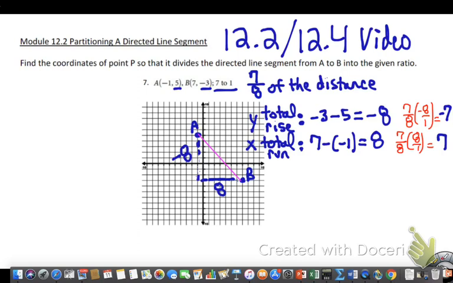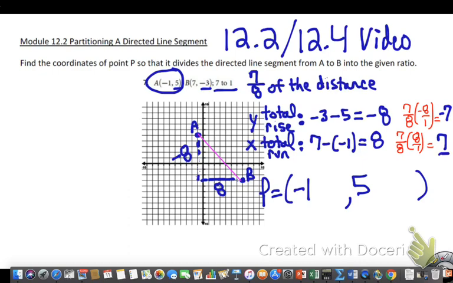So next, we take our original value, A, and we make those adjustments. So if we're looking for point P, it's going to be -1 plus the adjustment, and the Y value is going to be 5 plus the adjustment. So with the -1, we have to make sure we do the right thing.